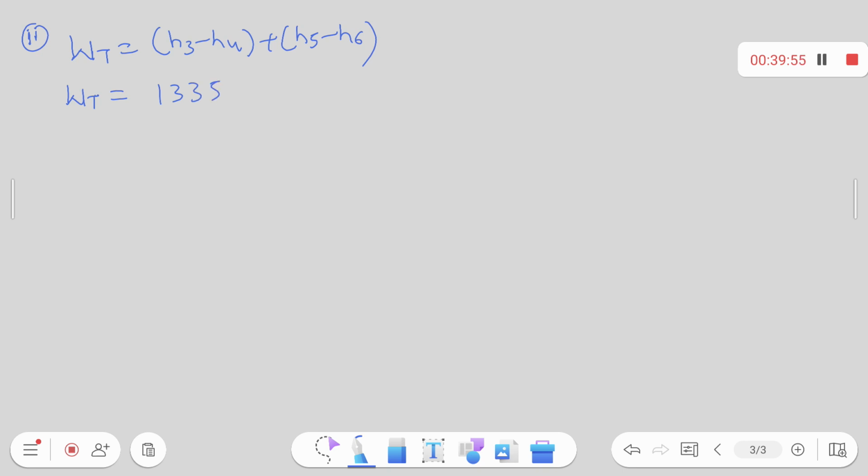Unit is what? Unit is kilojoule per kg. Enthalpy unit is kilojoule per kg.